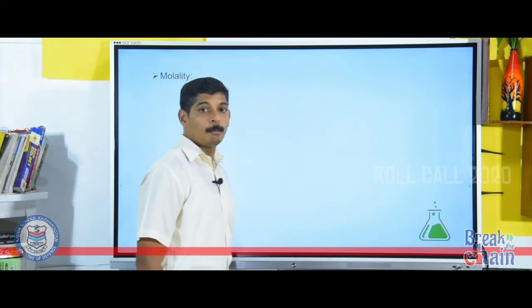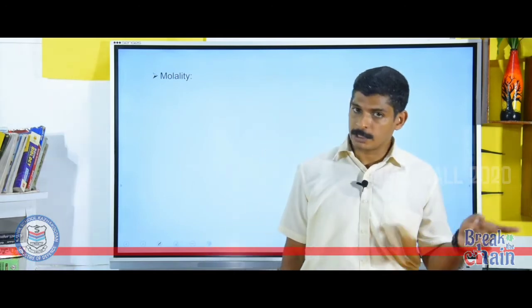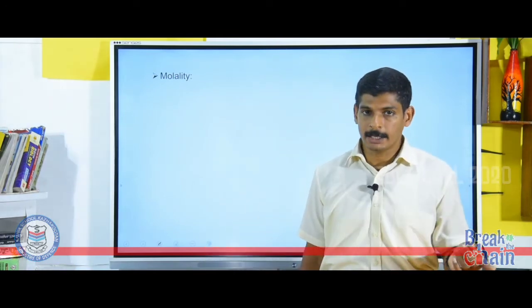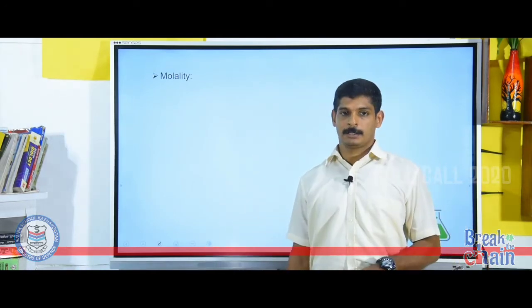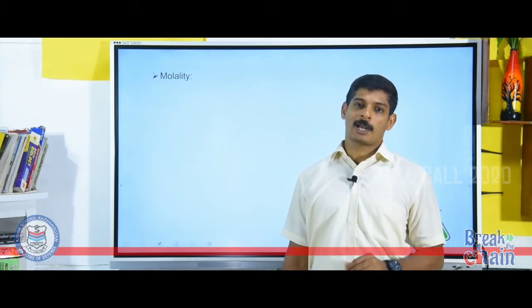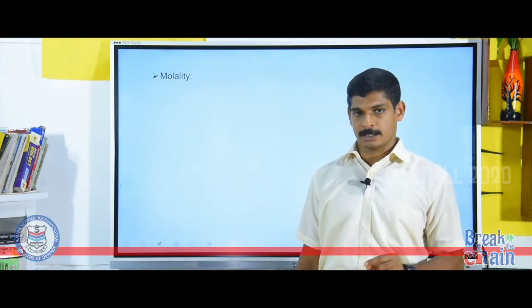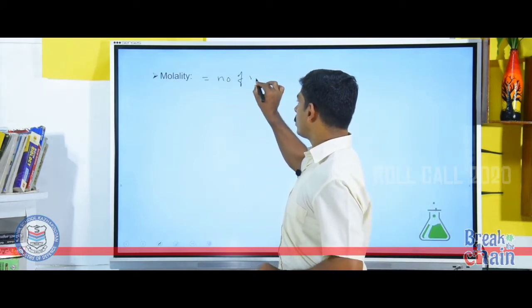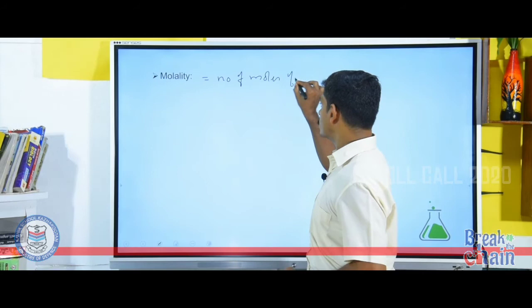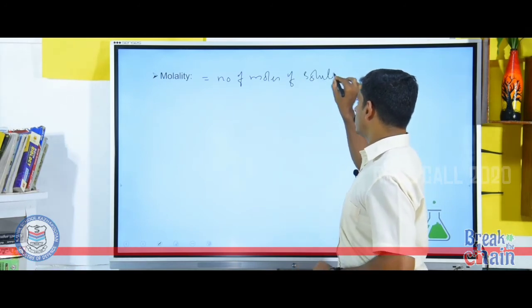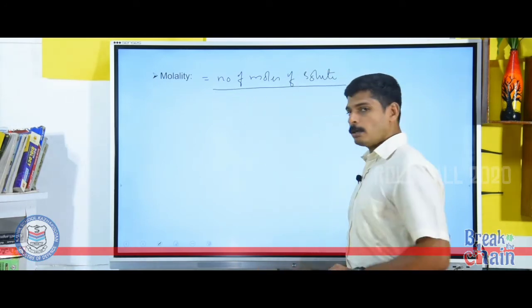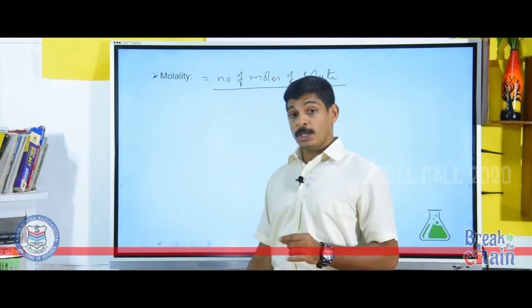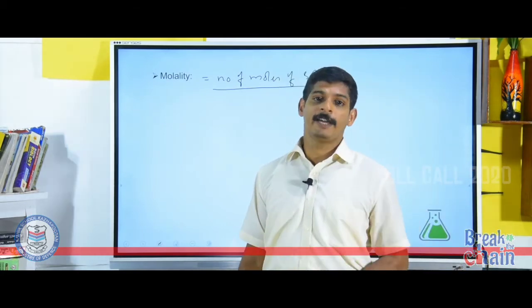What is it? Molality. First one that we discussed earlier is molarity, this is molality. So, there is a small difference between molarity and molality. It is defined as number of moles of solute dissolved per each kilogram of the solvent.